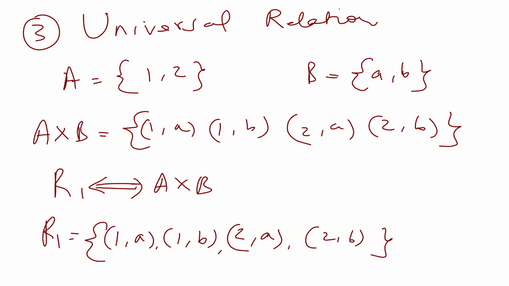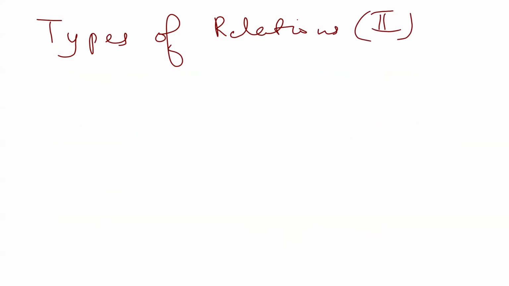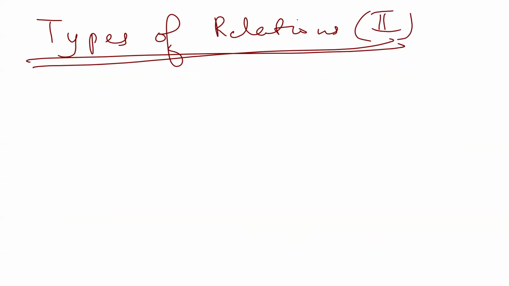Okay. Now the second category of relations, category 2, types of relations. Now this is very important for the entire chapter. Types of relations. First thing is reflexive.